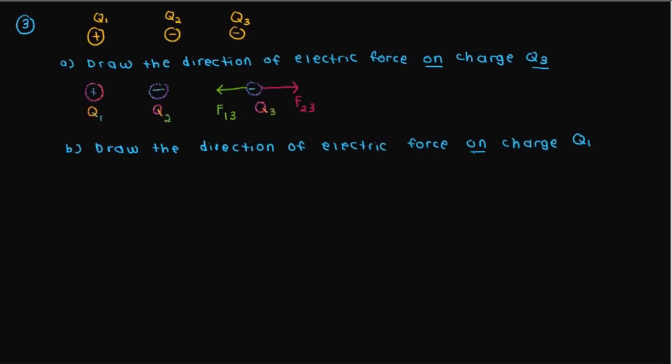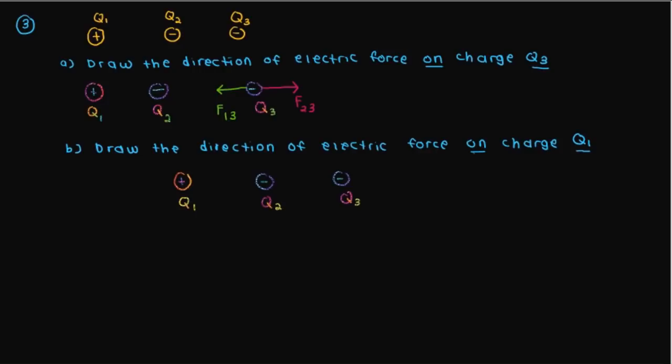"On" means that we need to draw the direction on charge Q1. So our focus is on Q1. Draw first Q1 and then Q2 and then Q3. Okay, we will do one by one. The direction of force 2 on 1 and then F3 on 1.